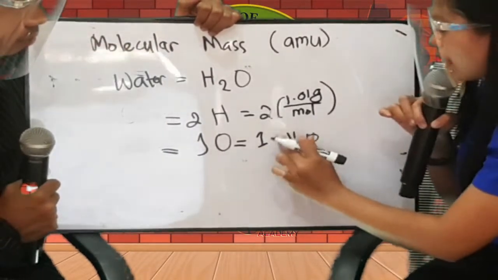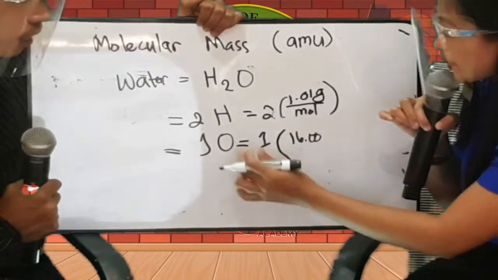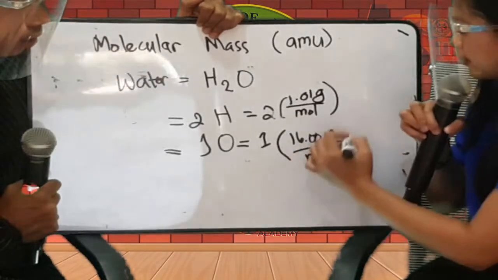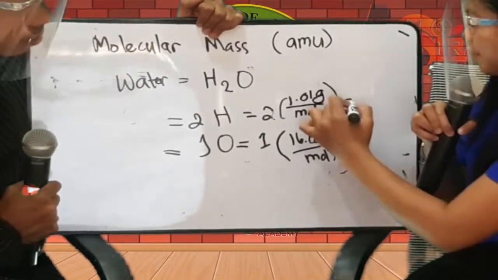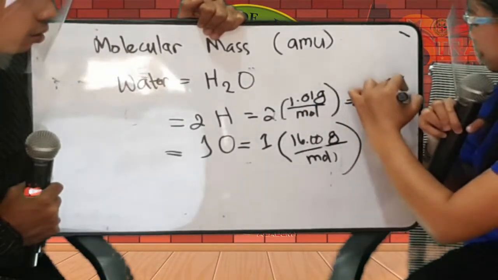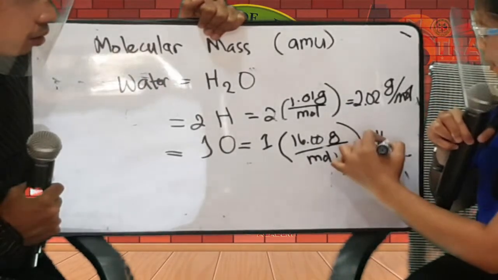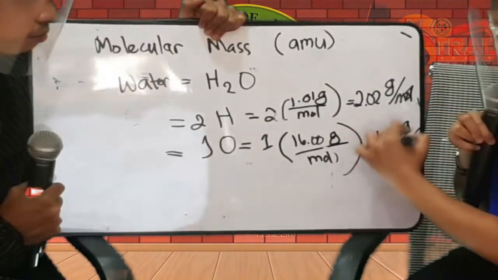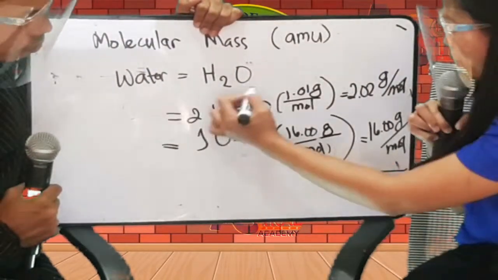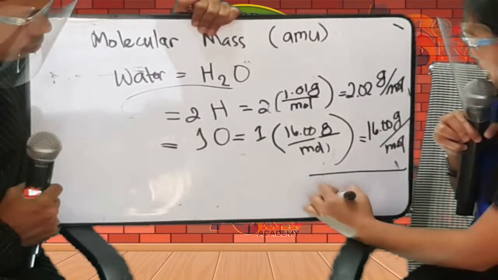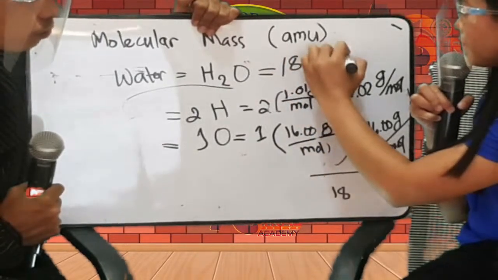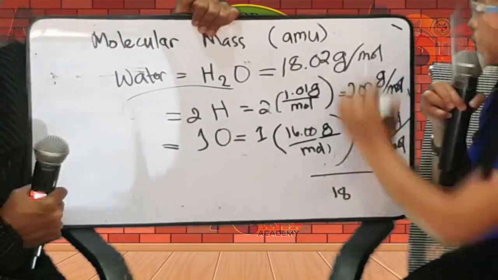In every 1 mole of oxygen, we have 16 grams. Therefore, we have 2.02 gram per mole for hydrogen, and we also have 16 grams per mole for oxygen. Therefore, the molar mass of the water molecule H2O is 18.02 grams per mole. Okay?